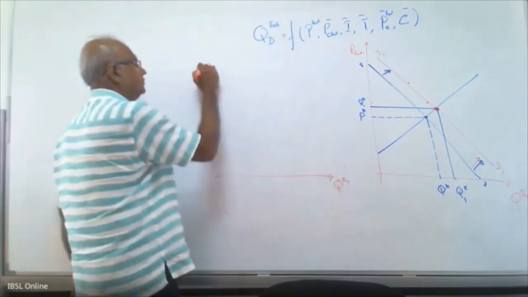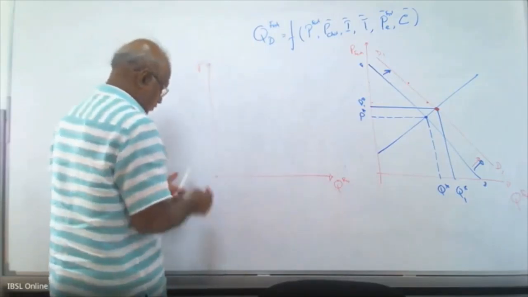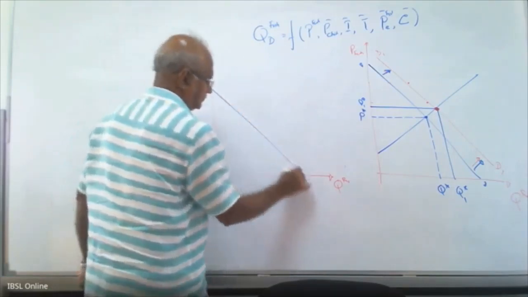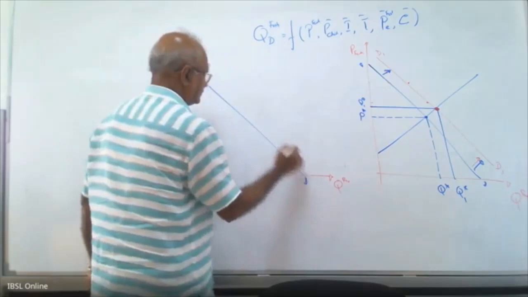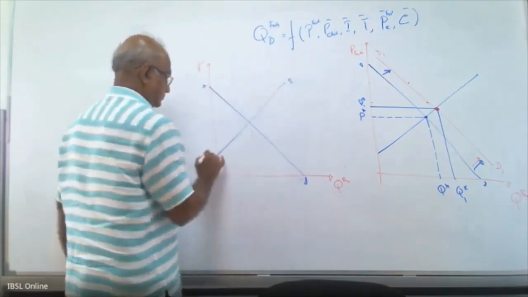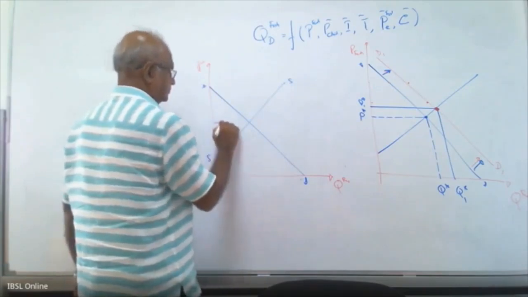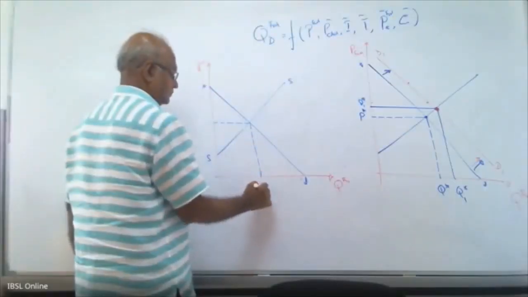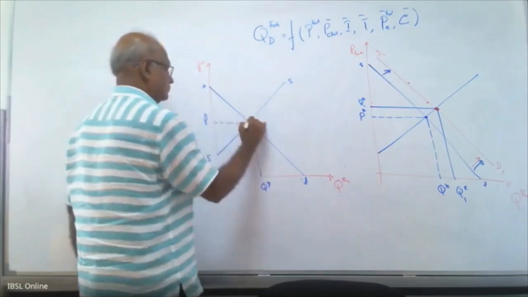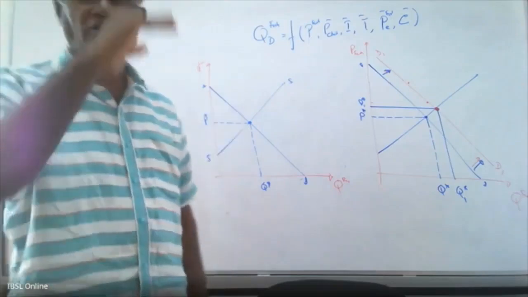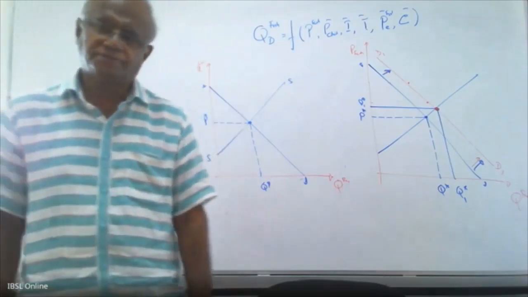Initially, the demand curve for fish is downward sloping and the supply curve is upward sloping.